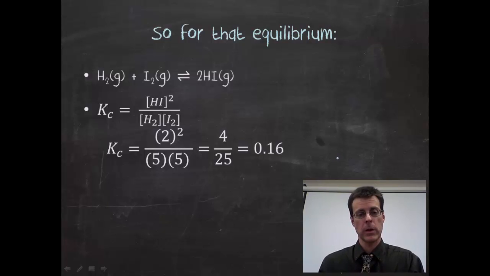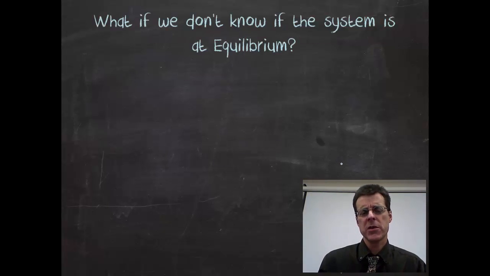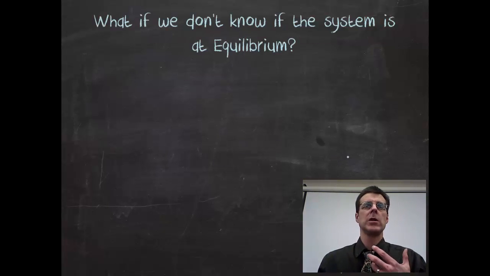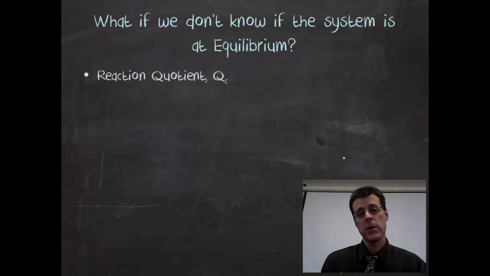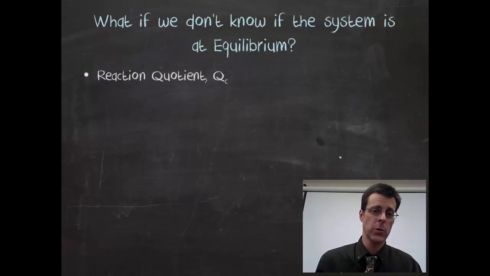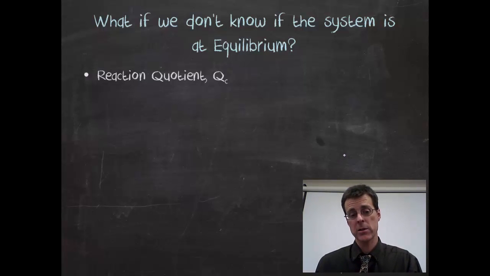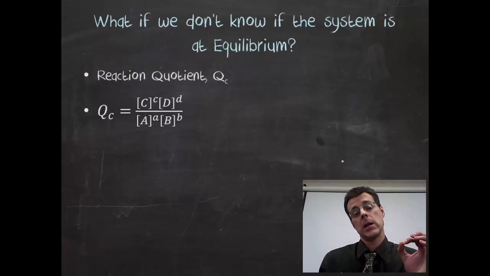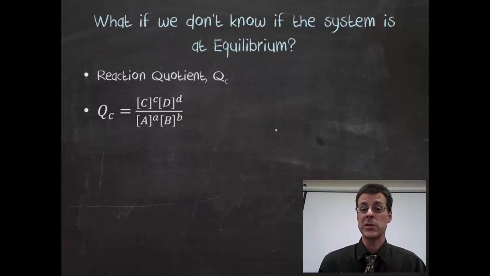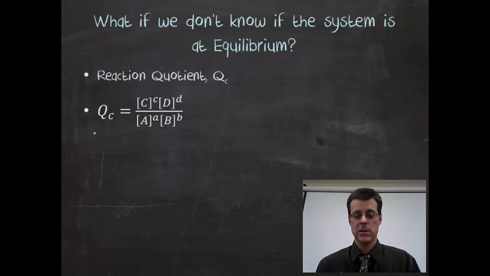If you don't know that the system is at equilibrium, you can't call it a K. You can't call it the equilibrium constant if you don't know it's at equilibrium. However, you could find what's called the reaction quotient. What's the reaction quotient? The reaction quotient looks a lot like K. In fact, the expression is the same. The difference is this is for a system that's not at equilibrium.